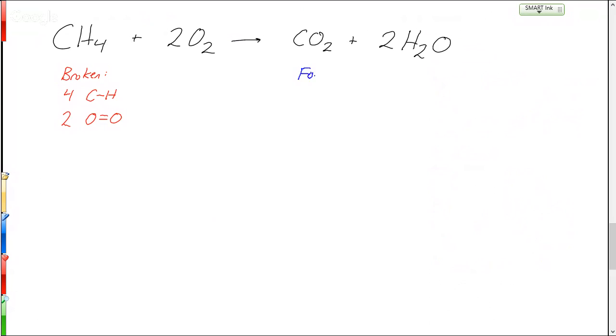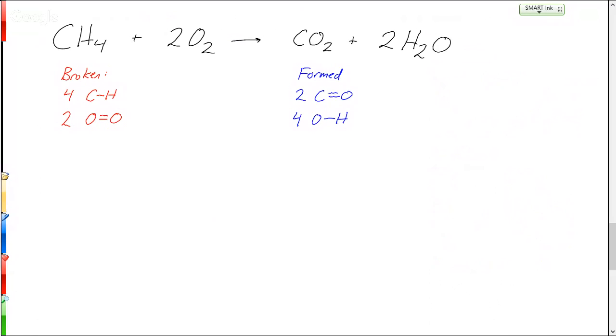On the right, we've formed 2 CO double bonds and 4 OH bonds from water, because we made 2 water molecules, so we formed 4 total OH bonds.